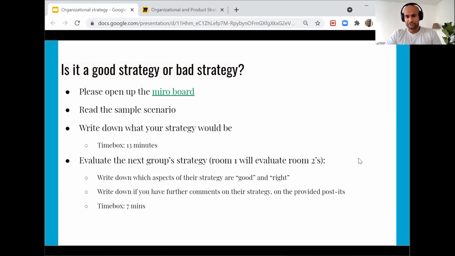So now we have a quick exercise for you for the remainder of the webinar. To apply what we've just talked about, especially with the lean canvas, it would be great to open up the Miro board, and let me send the link in the chat if I can.